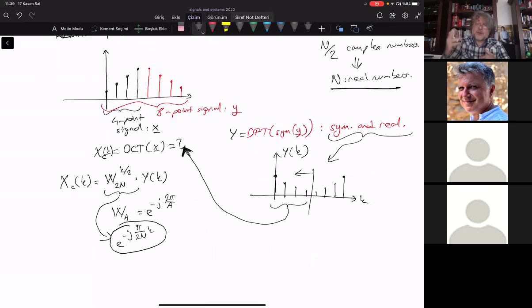I'm taking to the power of k over 2 altogether, and it makes pi over 2 capital N. Yeah. But this term is just due to the shifting.